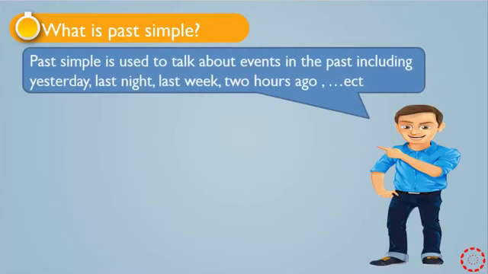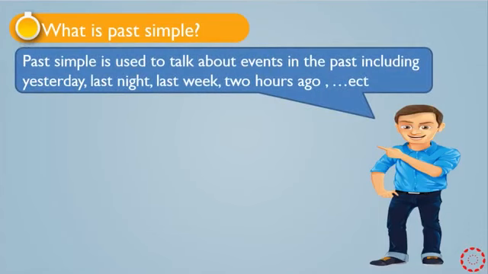Good. Past simple is used to talk about events in the past, including words like yesterday, last night, last week, 2 hours ago, and there are many other words denoting the same for past tense.